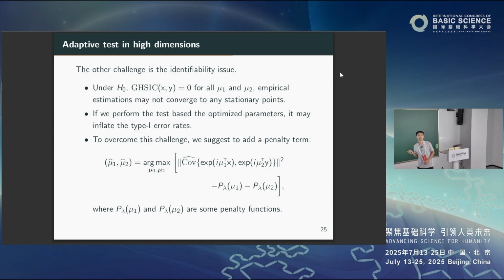The other challenge is the identifiability issue. We know that the generalized HSIC equals 0 for arbitrarily chosen mu1 and mu2.